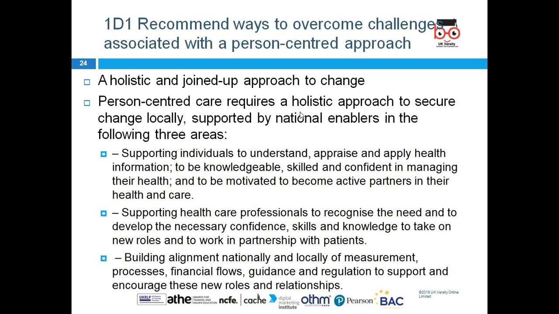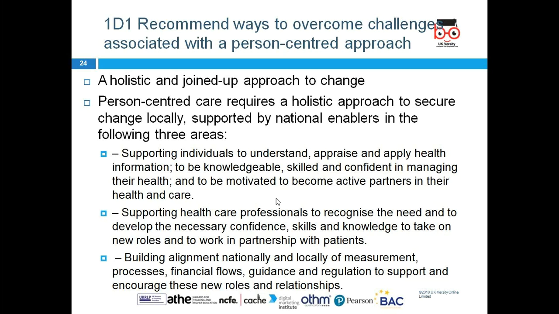So the 3 areas are: supporting individuals to understand, appraise, and apply health information, to be knowledgeable, skilled, and confident in managing their health, and to be motivated to become active partners in their health and care.